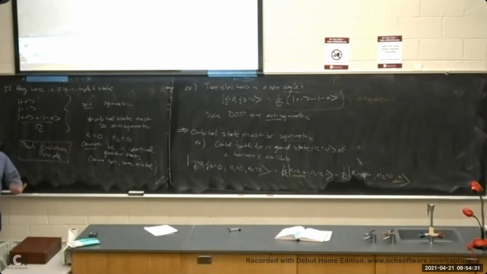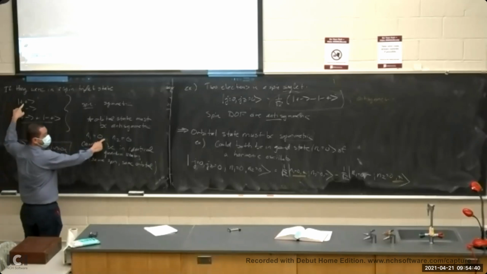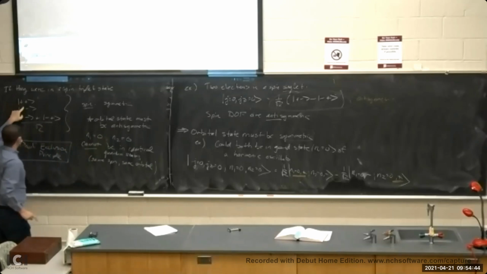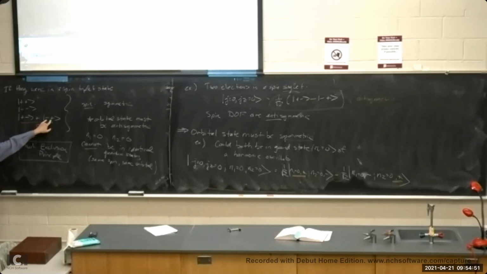But note that the symmetry condition is more general than just the Pauli exclusion principle. You can look at these combinations and say, okay, if they're both in spin plus, they can't both be in the ground state n equals 0. Pauli exclusion is not going to tell you that this state is forbidden. I have a symmetric combination of plus minus and minus plus. Here I've got different spins.